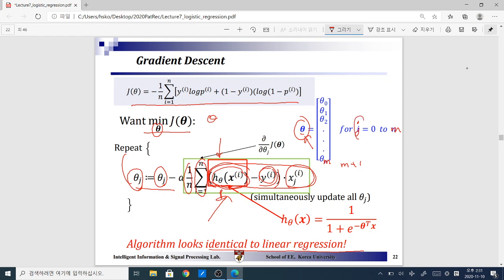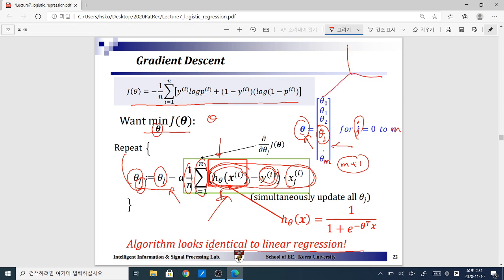And when you have, for example, a jth parameter, the jth parameter is going to be updated by this. You can do this, once again, for an m plus 1 dimensional parameter.